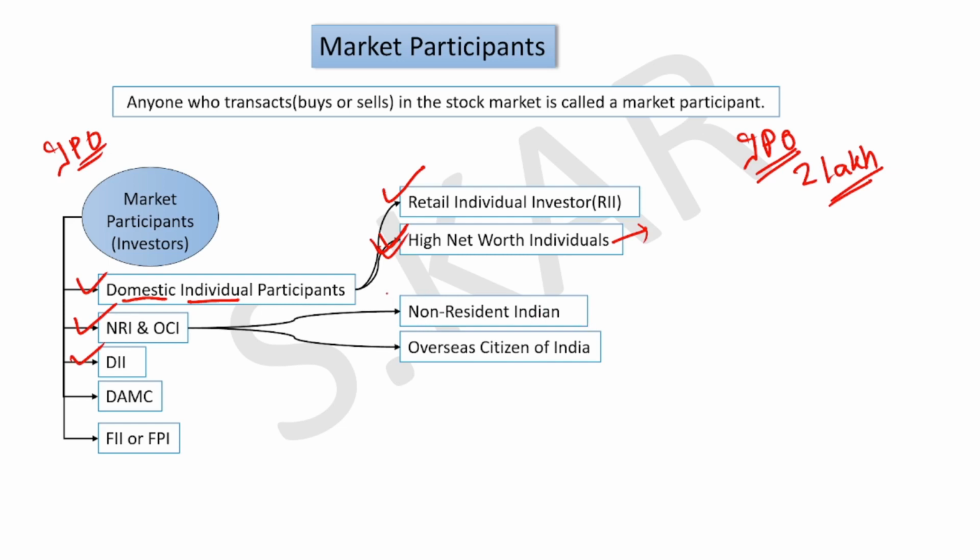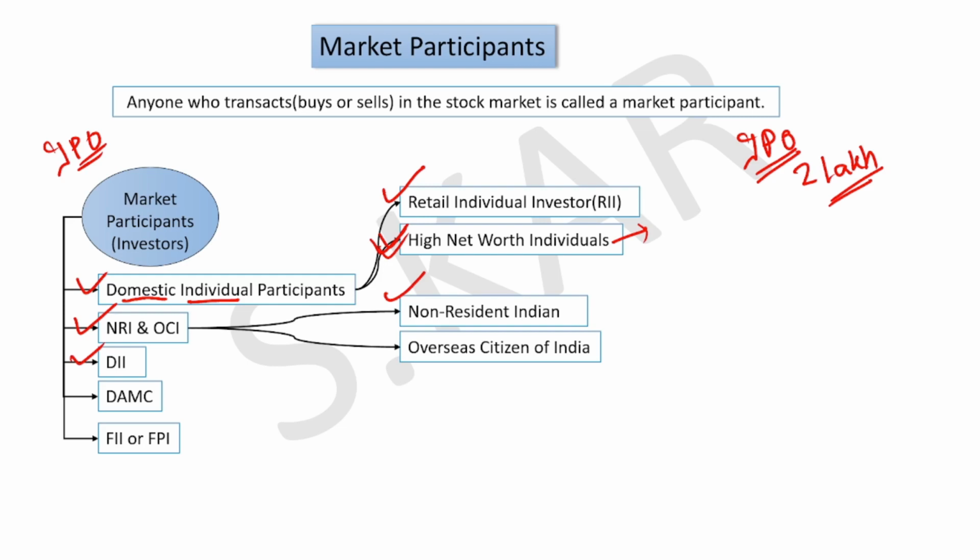A non-resident Indian means a person who has some roots in India but is presently staying abroad. For example, if you get a job in America and you shift to America, and your parents still stay in India, then you will fall under the NRI category.